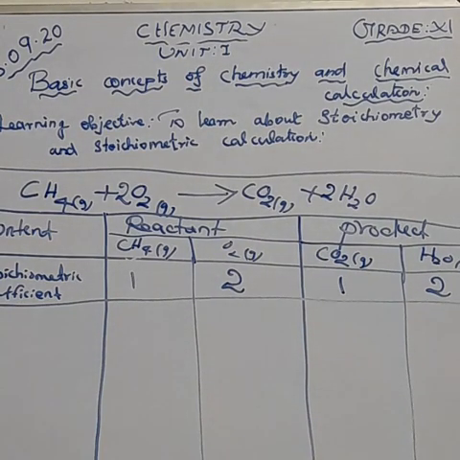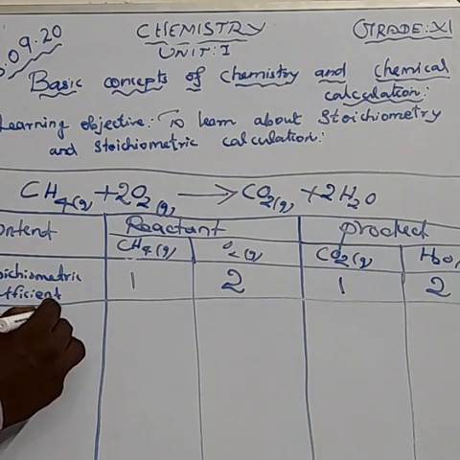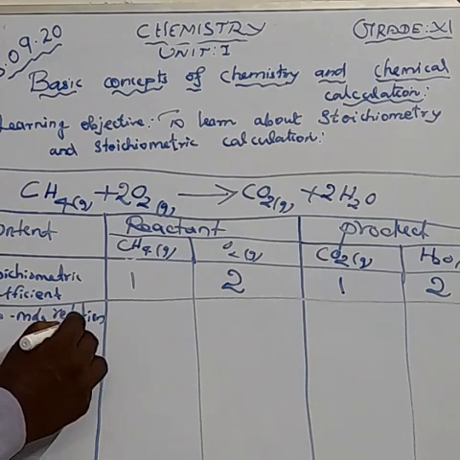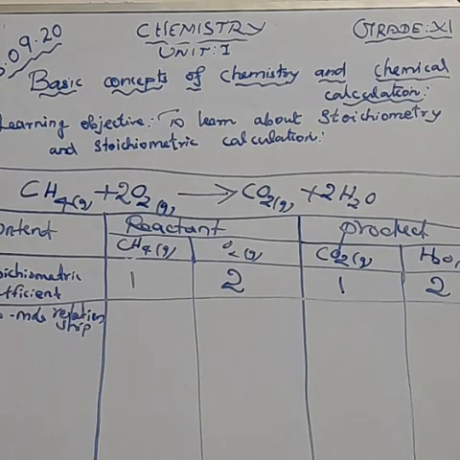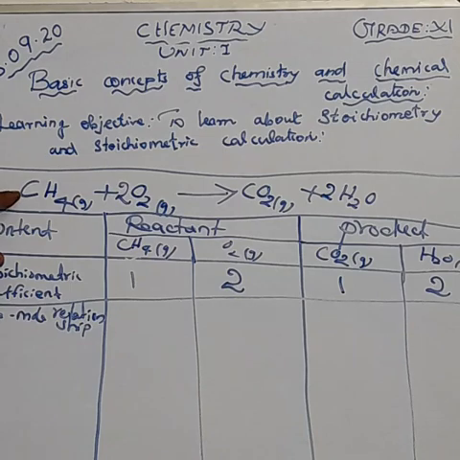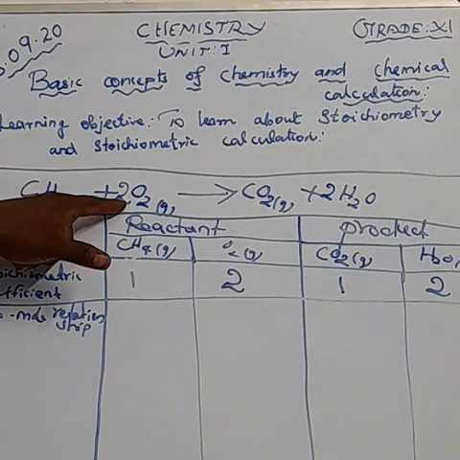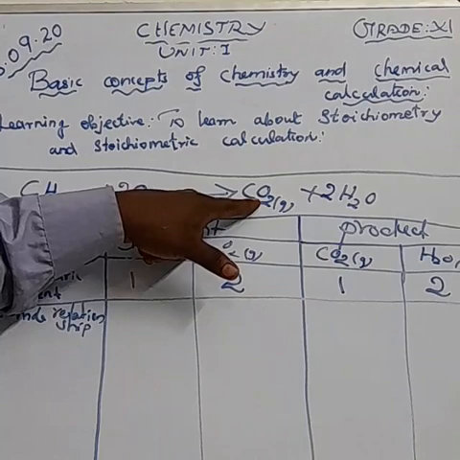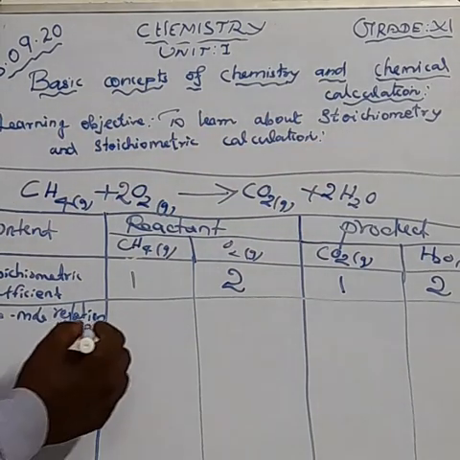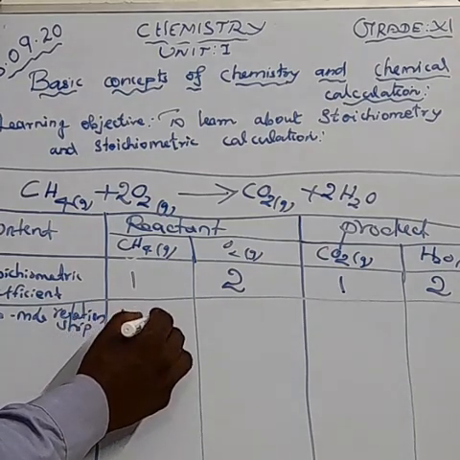Then mole relationship. Here, mole relationship between how many moles? The answer is the same. 1 mole of methane, 2 moles of oxygen, 1 mole of carbon dioxide, 2 moles of water.